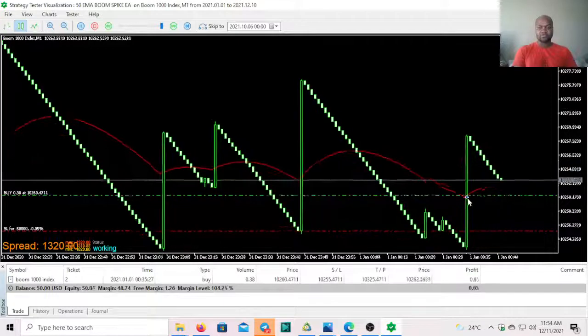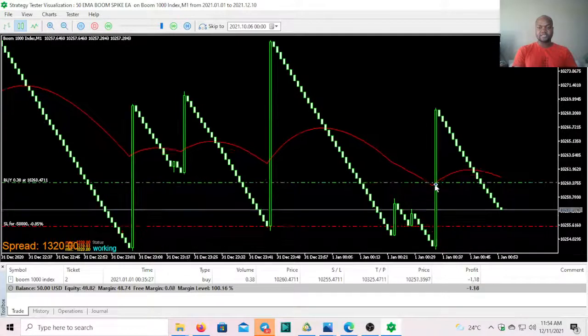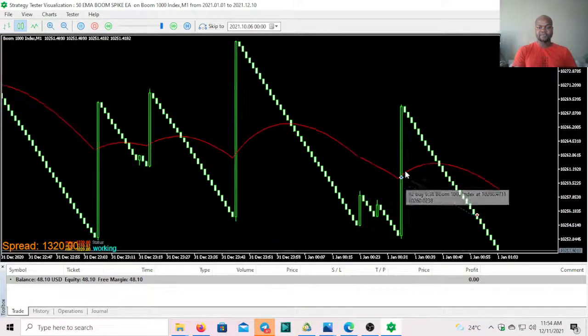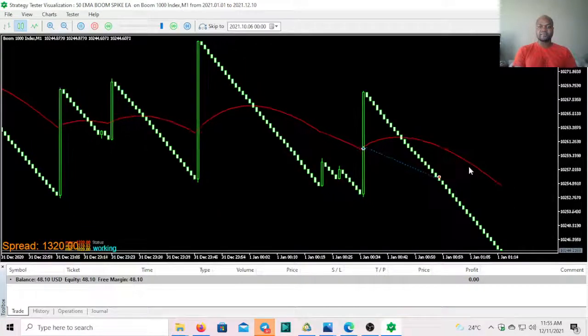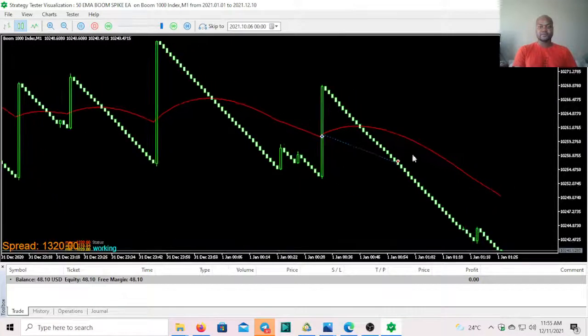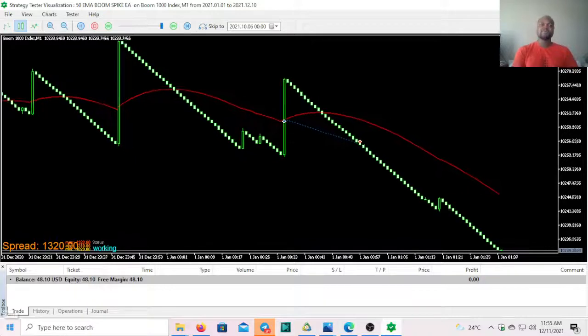There is a crossing, and it opened a buy, but unfortunately there were no spikes that came. So let's wait and see if it is going to catch any spikes.